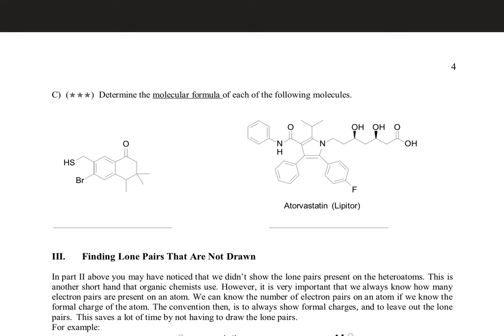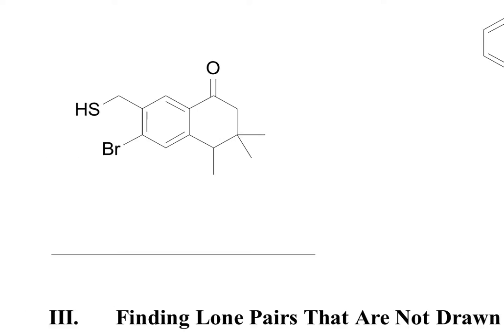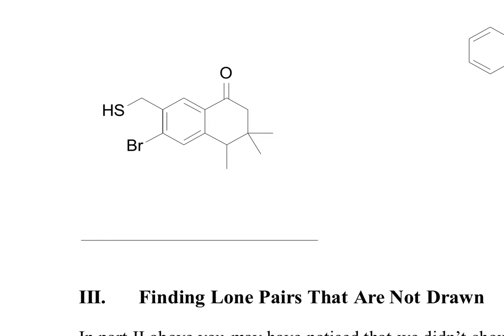All right, C, determine the molecular formula of each of the following compounds. So first, let's count carbons. I'm going to do that in black. 1, 2, 3, 4, 5, 6, 7, 8, 9, 10, 11, 12, 13, 14. So C14. Next, hydrogens.